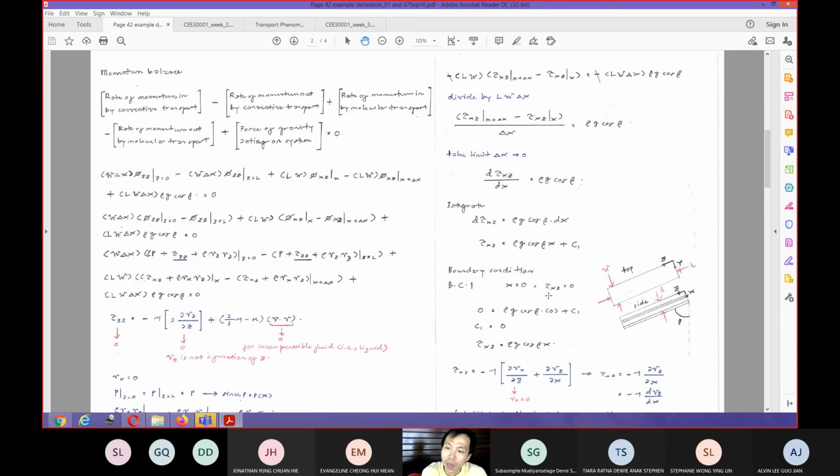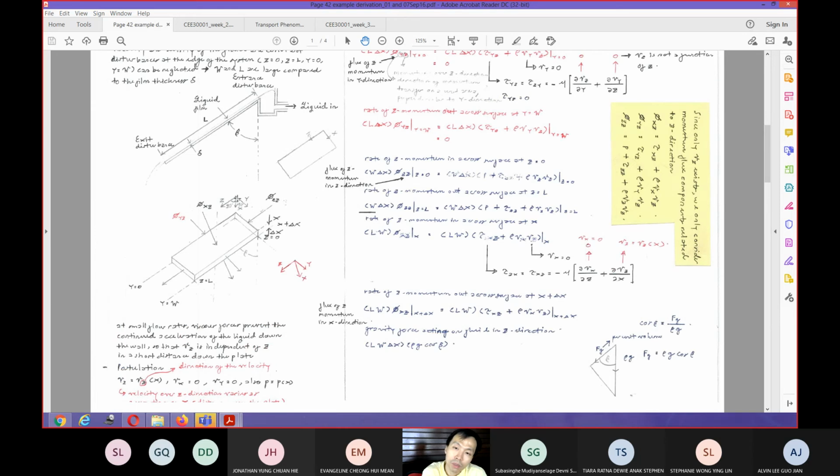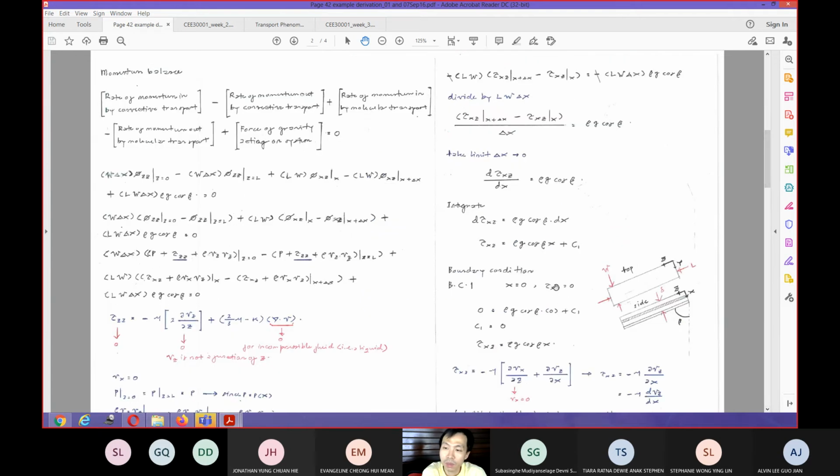So now we are just applying the one on the top. The position on the top is represented by the coordinate at x equals 0. Remember, we inspect again the coordinate in here. That area on top is where the liquid is in contact with the air atmosphere, meaning that we can simply define that your shear stress is 0 at this particular position.